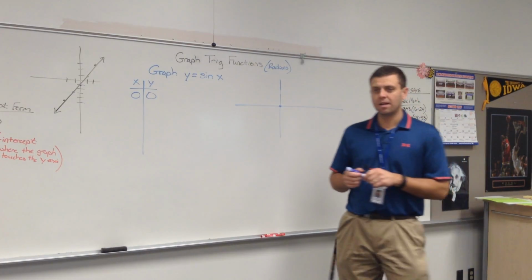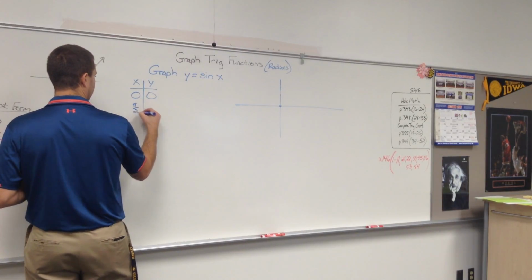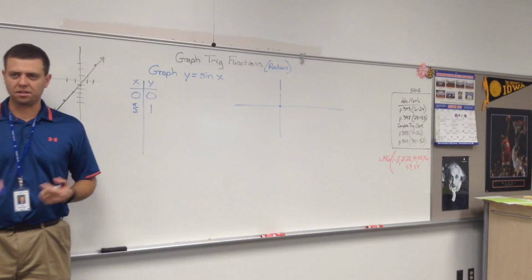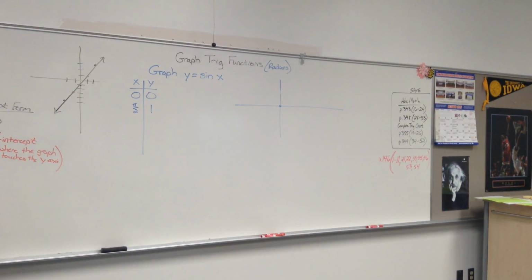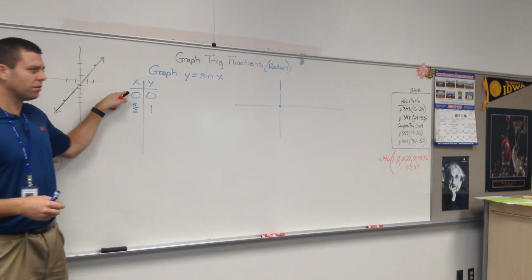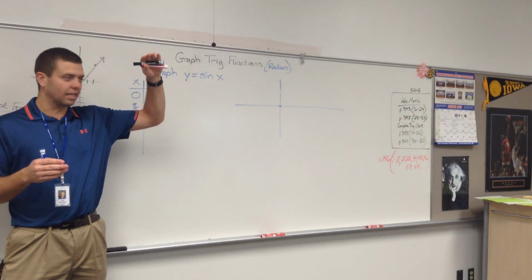1. 90 degrees is also pi over 2, correct? So at pi over 2, I'd be up at 1. As I went from 0 degrees to 90 degrees, my y values kept increasing all the way up to 1.